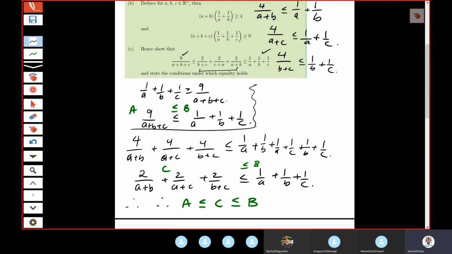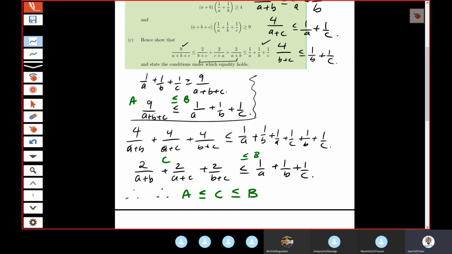Let's get this last bit out. State the conditions. I feel like that's the only way. I can't think of anything else. For equality to hold, for it to be equal.